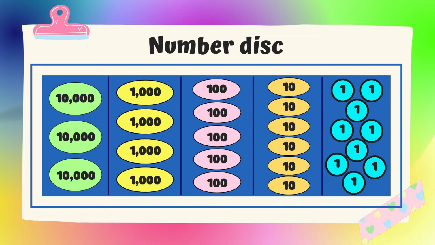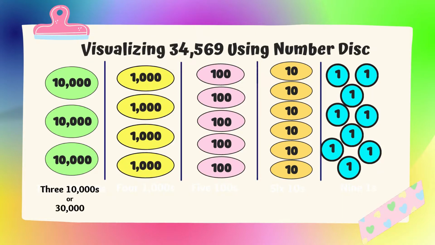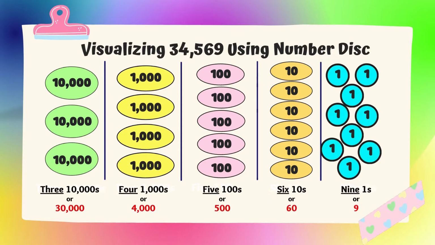Let us now get the values. 3 10,000s is equal to 30,000. 4 1,000s is equal to 4,000. 5 100s is equal to 500. 6 tens is equal to 60. And 9 ones, which is equal to 9.